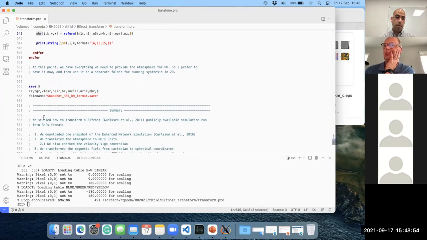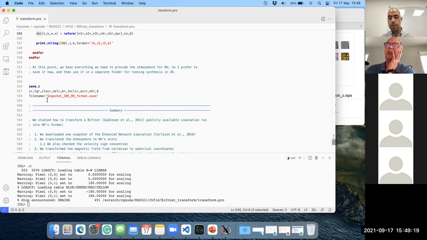We have reached the end of the script. Now we are going to enter the summary. The idea is that I usually prefer to keep things separate. So I usually run this in one folder, I save it like an IDL save file, and then I run RH in a different folder calling this atmosphere. So in my case, I prefer to keep things separate. We just save it, and then we have it ready for any computation you want to do.